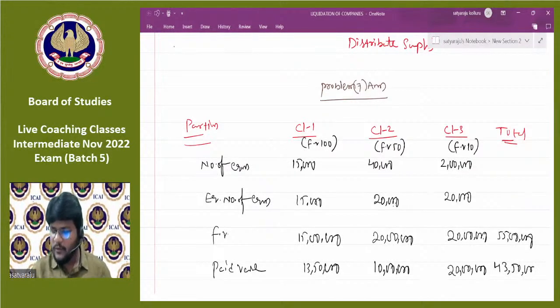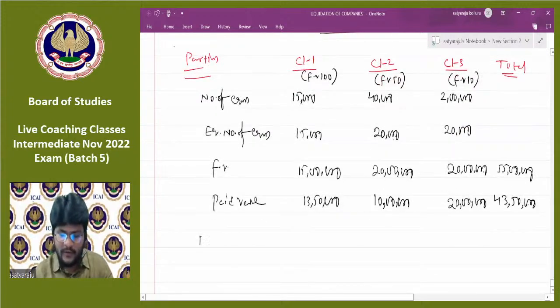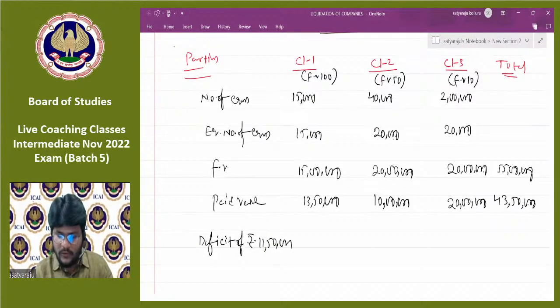May I know, deficit is how much? 11,50,000 is the deficit. So the deficit of rupees 11,50,000 needs to be distributed in the face value ratio, which is 15 is to 20 is to 20, 3 is to 4 is to 4.